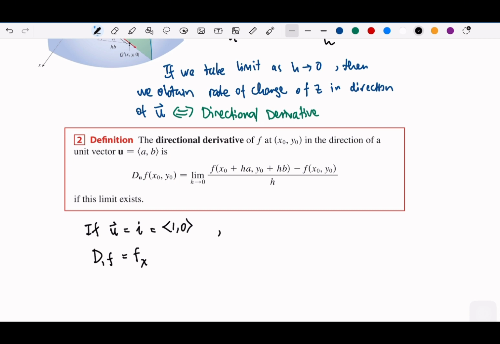And if the unit vector is only j, which means that this is only 0, 1, then this is j and this is i, sorry. This is partial y.